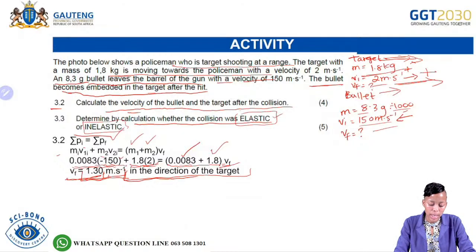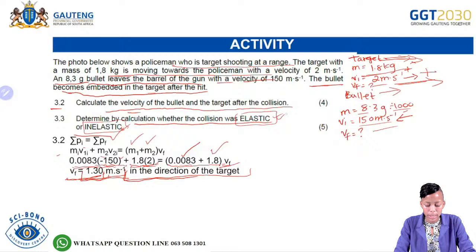What did we say about the similarities? Remember we said that the sum of the initial momentum before the collision is equal to the sum of the final momentum after the collision.